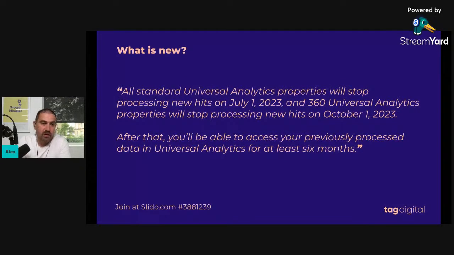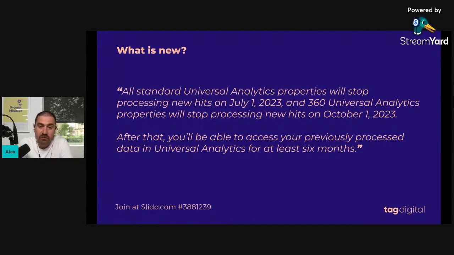So what is the new thing? What you can see on the screen is an official announcement from the Google Analytics blog from the 16th of March 2020. It says that old standard Universal Analytics properties will stop processing new hits on July 1st, 2023, and 360 Universal Analytics properties will stop processing new hits on October 1st, 2023.